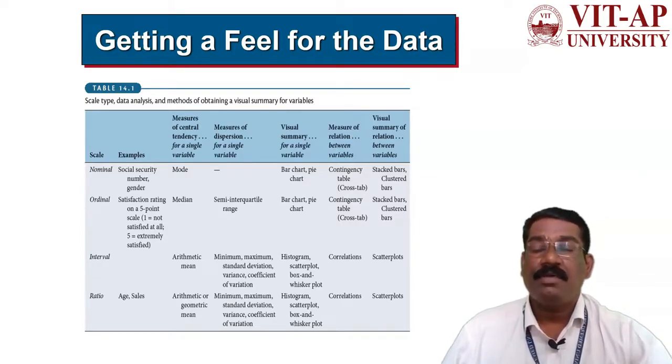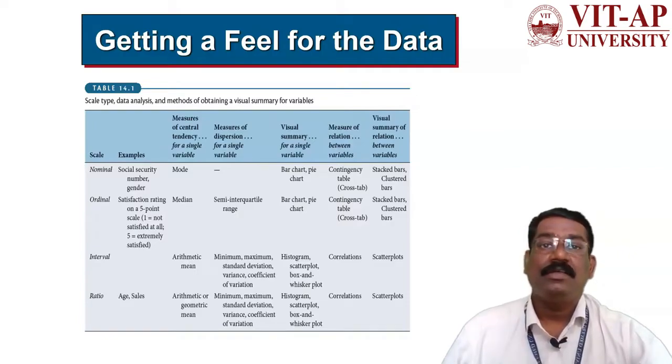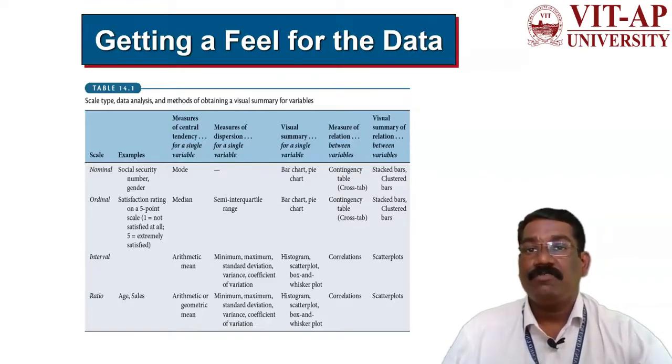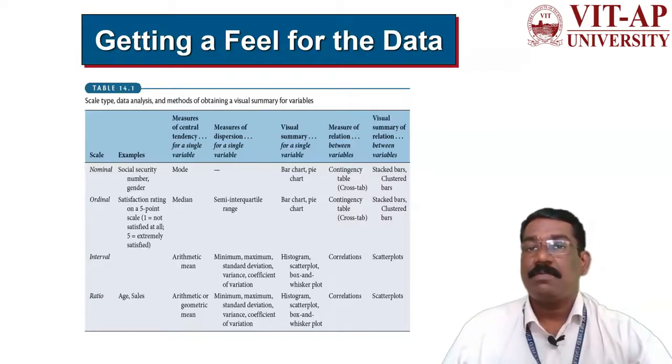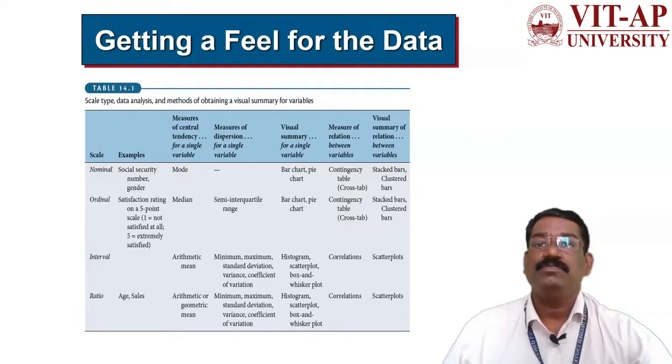That can be explained in detail in this context, depending on the level at which a variable is measured. We can see Table 14.1, which summarizes the relationship between the scale type, data analysis, and methods of obtaining a visual summary for variables.